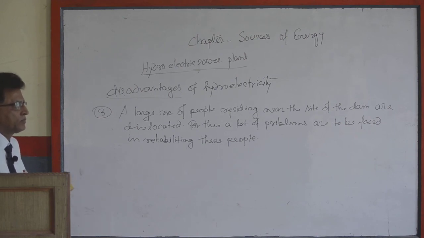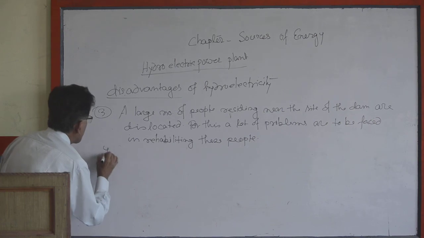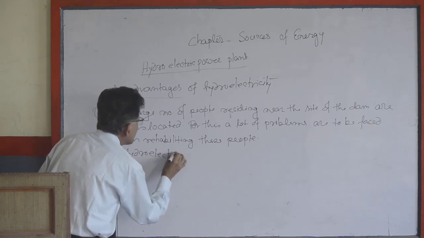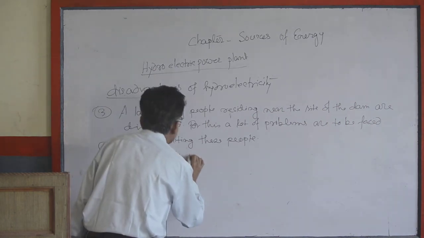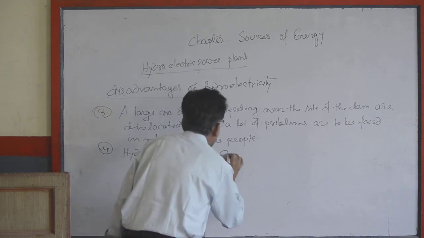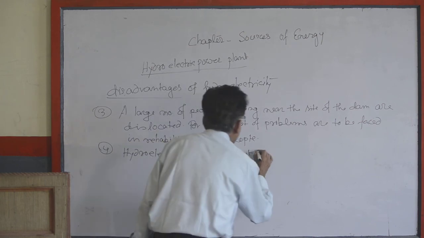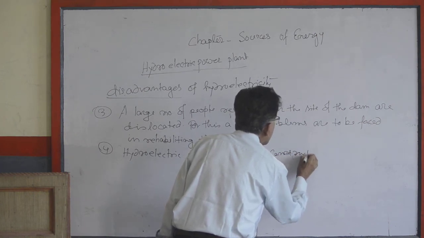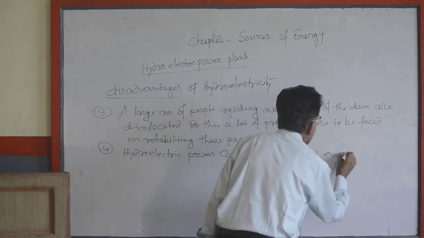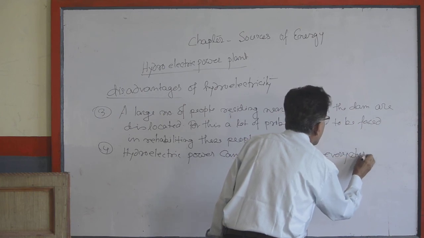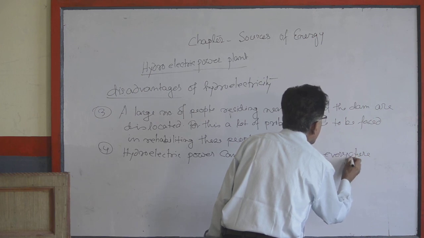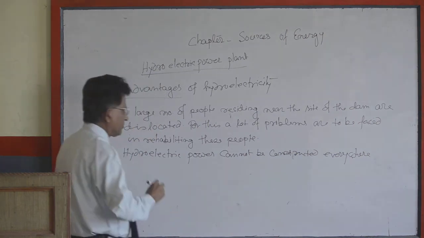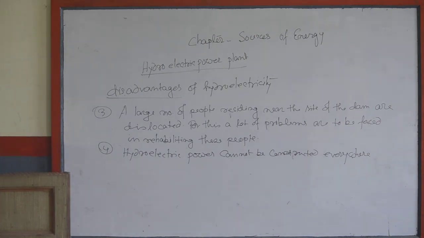Number 4, hydroelectric power plants cannot be constructed everywhere.